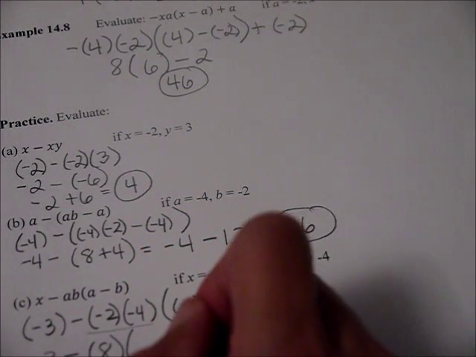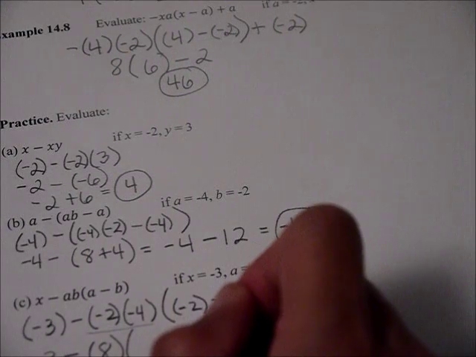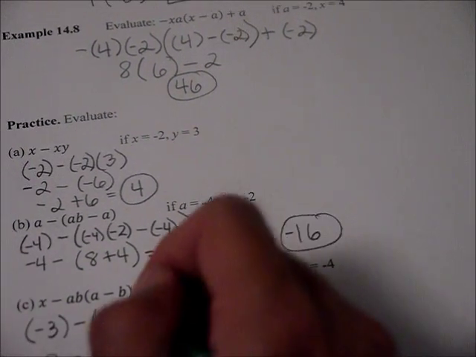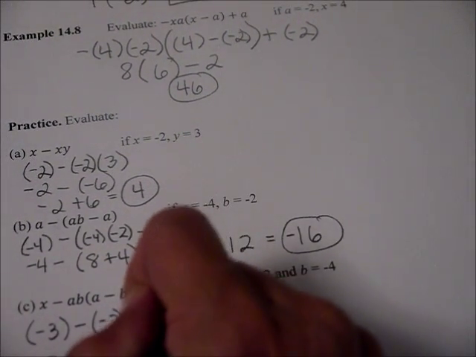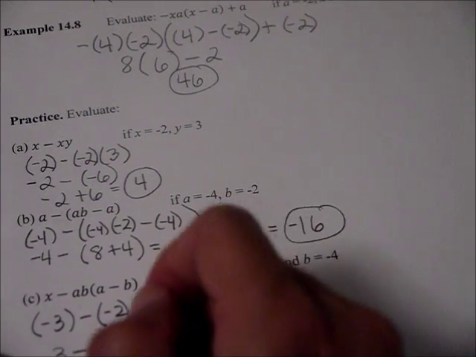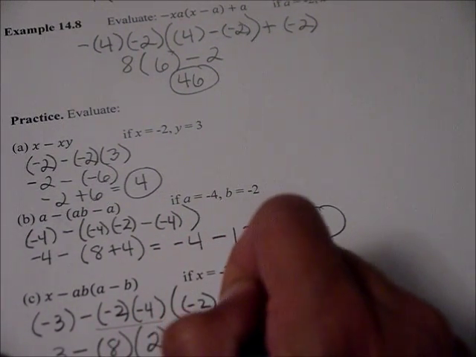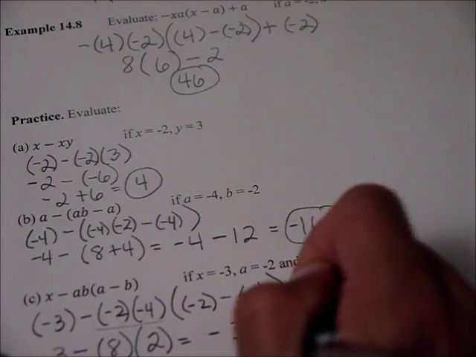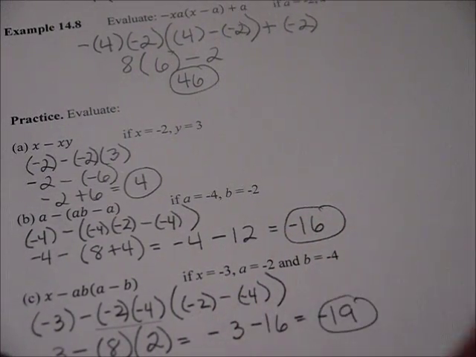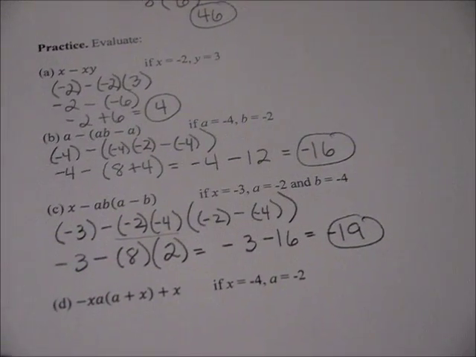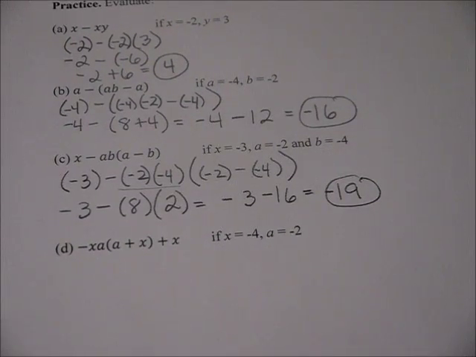And then in here I have negative 2 minus 4, which is the same as negative 2 plus 4, which is a positive 2. Okay, so now we have negative 3 minus 16, which is negative 19. I hope you can see that. Just realized I might have gone off the page.